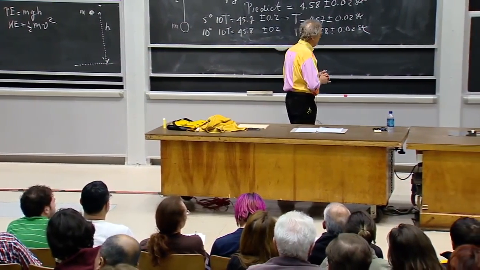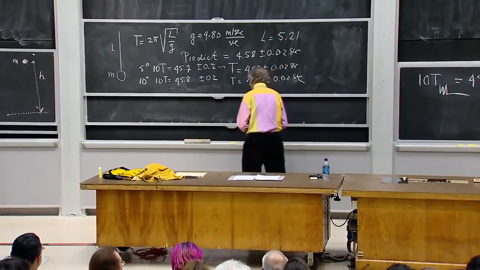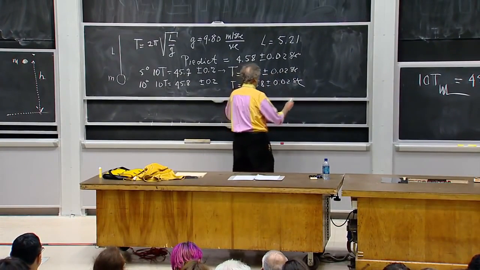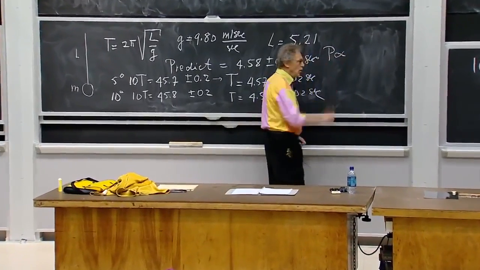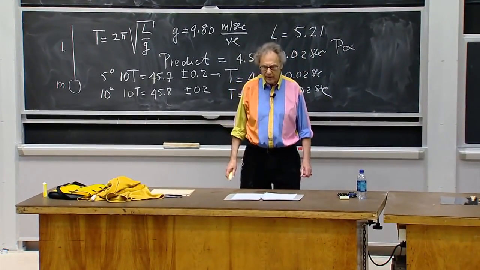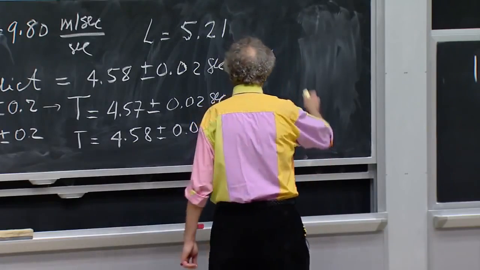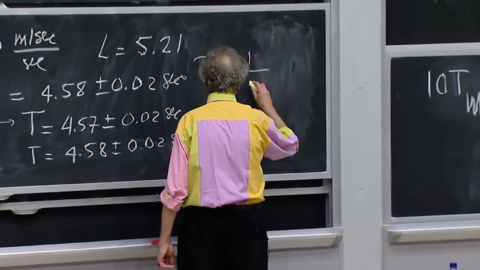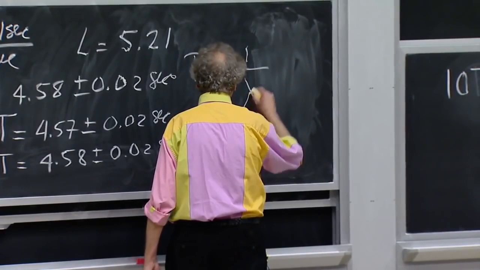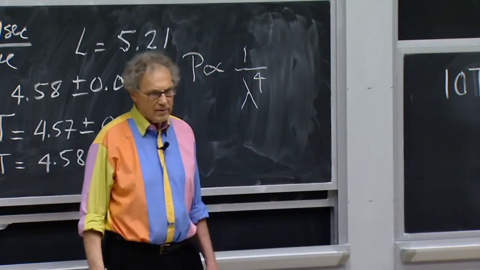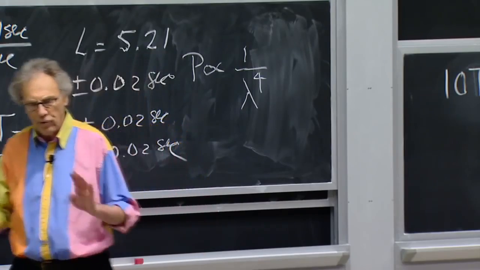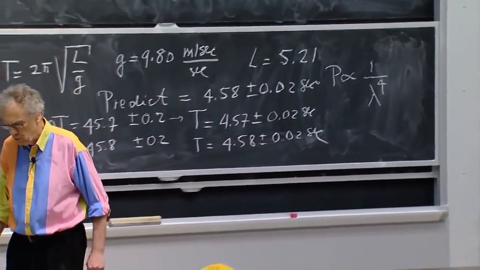The power of scattering, I'll call that P, the power, is proportional, when we have Rayleigh scattering, and this is the only equation that may bother you, to 1 over lambda to the 4th, and lambda is the wavelength of light. And I will not bother you to tell you what the wavelength of light is. That may confuse you.